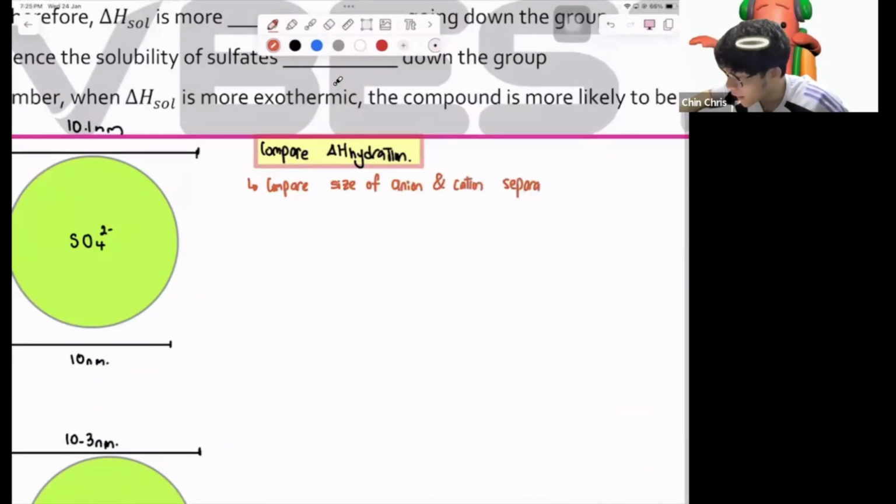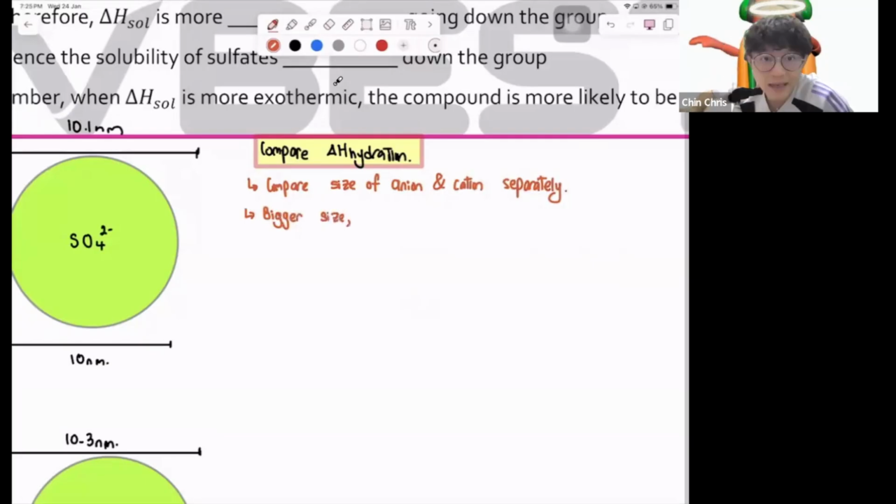Remember, for hydration we always compare the anion and cation separately. Understand? So you see, the bigger the size of the ion, the less exothermic it is.